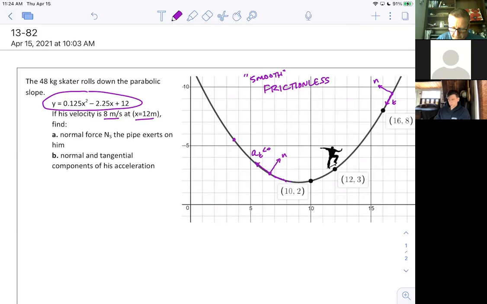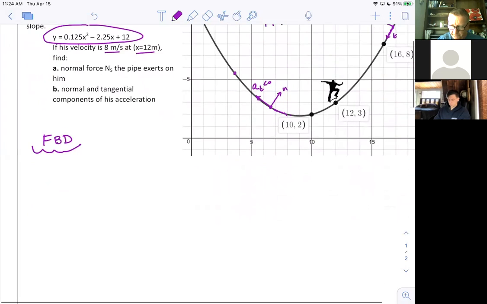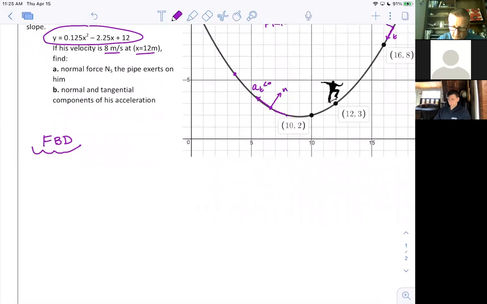I'm going to draw a free body diagram while you think about that. So I'm at the point 12, 3, and I've got a velocity of 8 meters a second, and it's tangent to the curve. So there's my velocity. But that's also the same direction as your acceleration tangent.